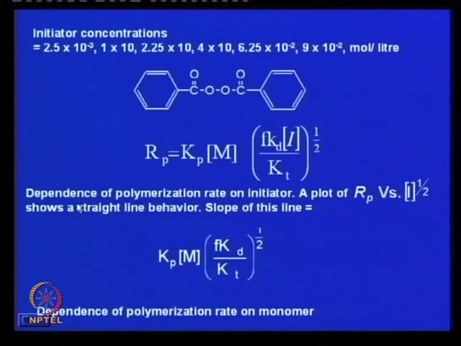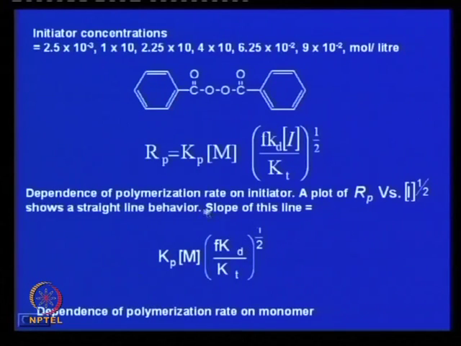Now, in order to know the dependence of polymerization rate on initiator, a plot of Rp versus initiator concentration, as you have seen earlier, if that is plotted, then this is the slope of the curve.